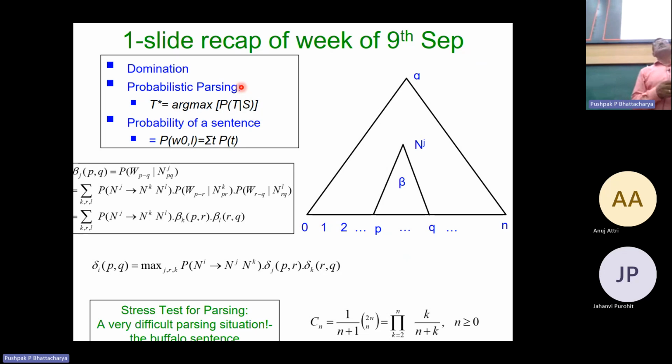Large sequence. The sequence is very large or long, typically 4,000, 5,000 words. And the probability of that sequence needs to be computed, which we do through a large number of parameters in the neural network. Okay. And in this framework, the probability of a sentence is equal to the sum of the probabilities of its parse trees.